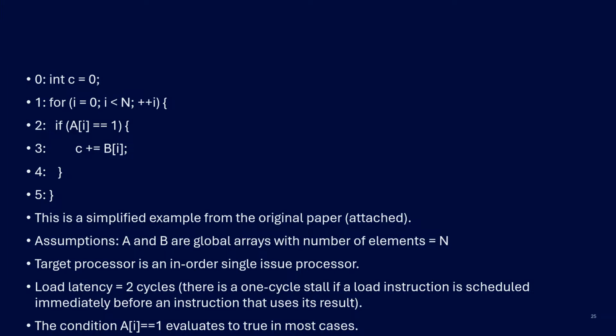Okay, I will delete this. So now we have the data dependence graph. Let's schedule. What is the ready list?